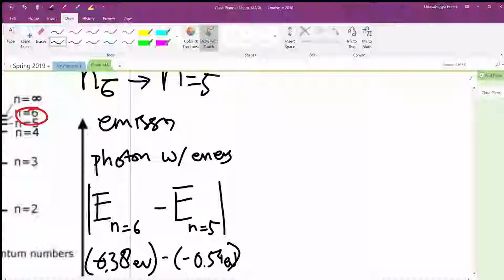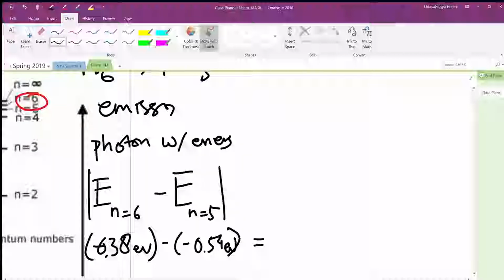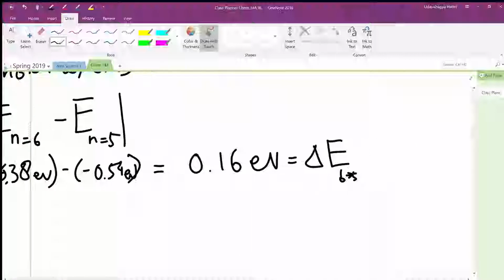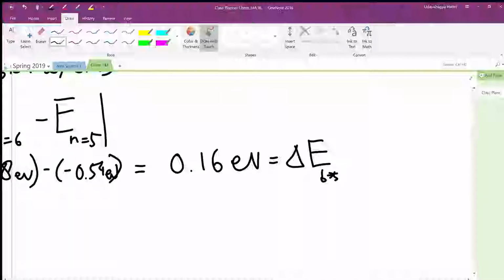Then we get a difference of energy between the two of 0.12. No, hold on, that doesn't look right. Sorry, doing this off the top of my head. 0.16, right? Yeah. So we know that the difference in the energy level between 6 and 5 is 0.16 electron volts, and the photon that is emitted from this particular transition will also have this amount of energy.